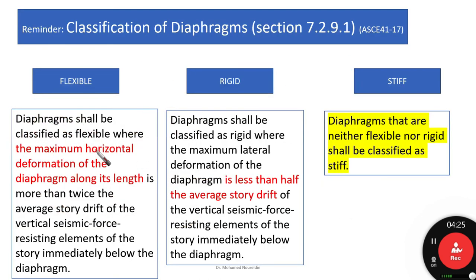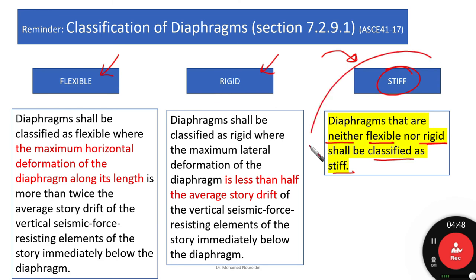Okay, let's go back here, and then the third category, or the last classification of diaphragms, we give it this name: stiff diaphragm. Diaphragms that are neither flexible nor rigid shall be classified as stiff. It is not falling into the category of rigid diaphragms nor flexible diaphragms, then we're going to call it a stiff diaphragm.